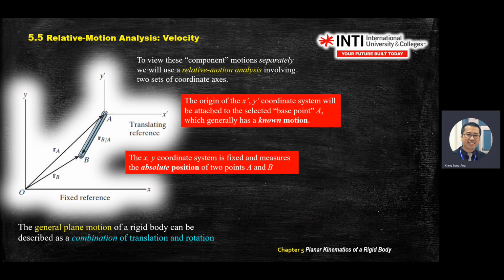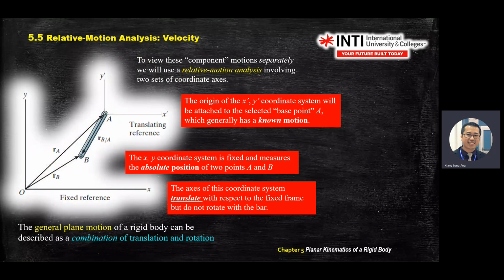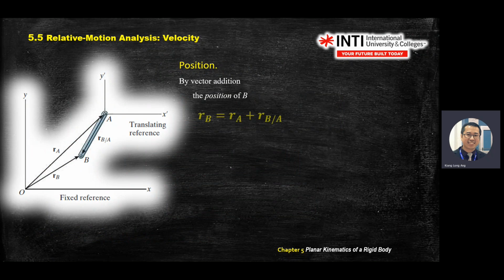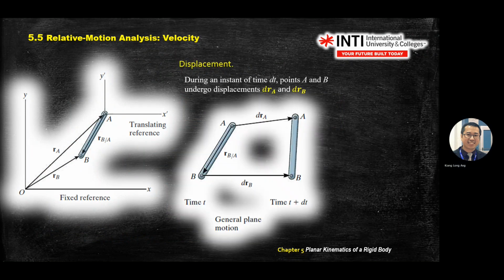What we're trying to do now is to explain a translation. So we have displacement. On this body AB, after some time, it reaches this location.